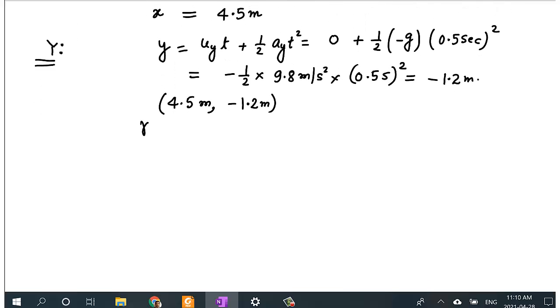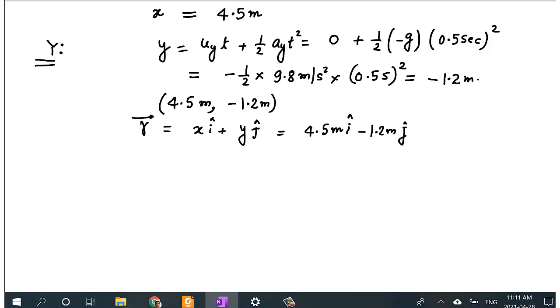So now I can write the position vector. Position vector is nothing but x unit vector i plus y unit vector j. So x in this case is 4.5 meters and y is minus 1.2 meters, with j cap and i cap. So this is my position vector.